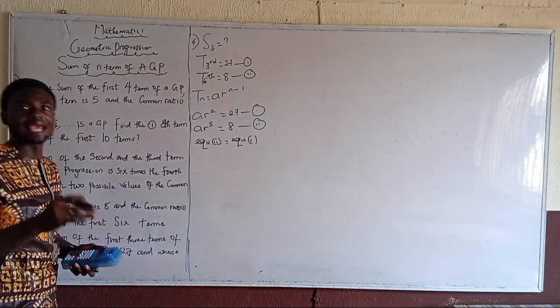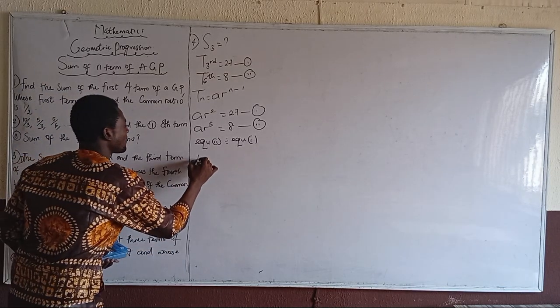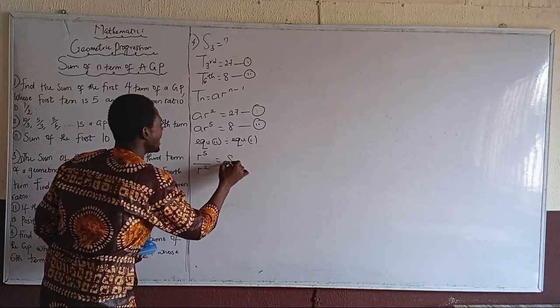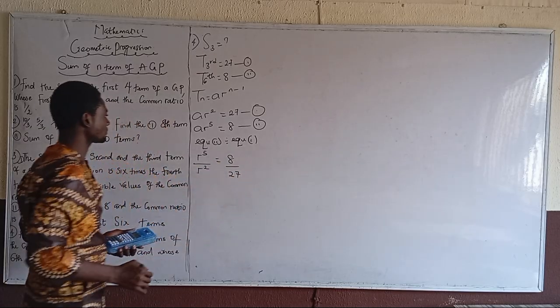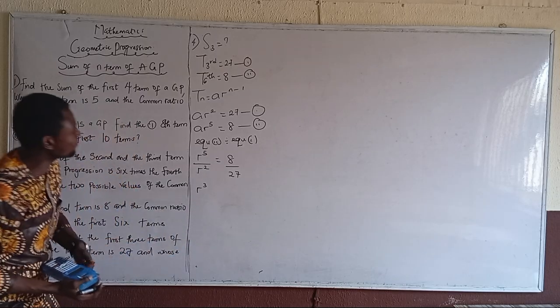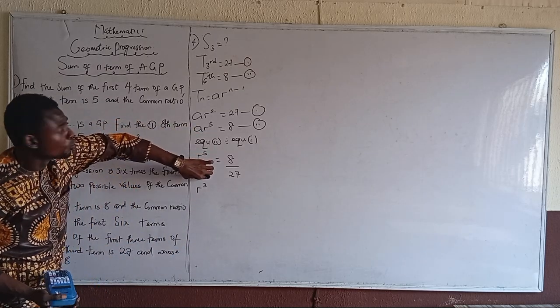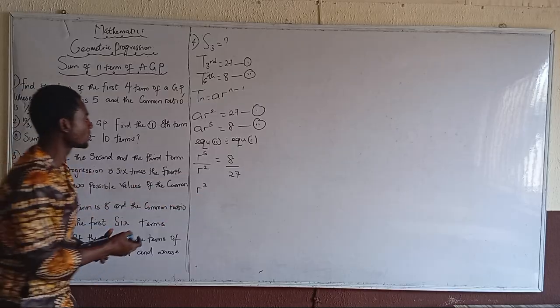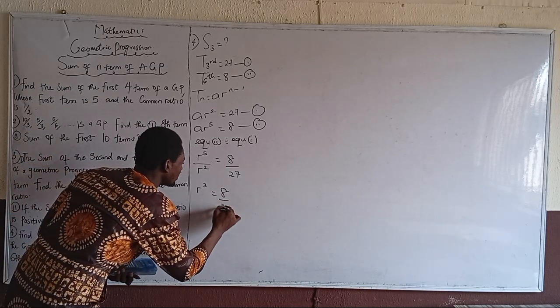A divided by A is 1. So I have R to the power 5 divided by R to the power 2 equals 8 divided by 27. Here becomes R cubed, because I have 5 R's here and 2 there, which means 2 R's will be removed from the 5 R's and I have R to the power 3, then equals 8 over 27.